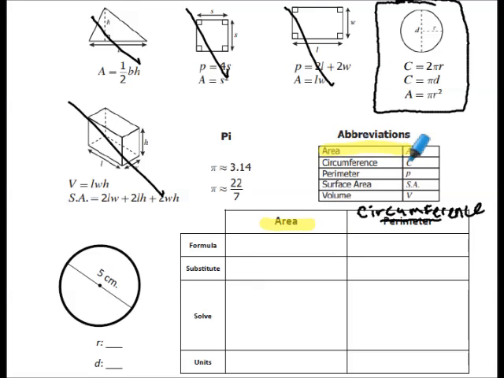For area, the abbreviation is A, and I'm going to use this formula for the area. So that says A equals pi r squared. That means that the area equals pi times the radius times itself, or the radius squared. So I know that I need to put pi in, I need to put the radius in, and then I need to square that radius.